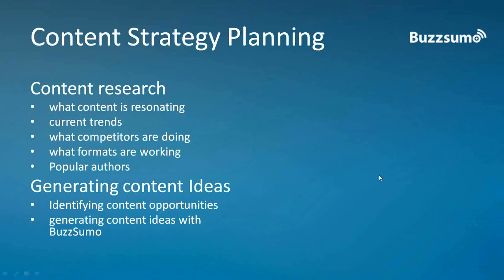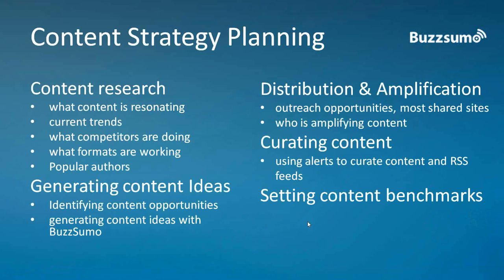But once we've got that, we then want to go through how do we generate content ideas. So how do we identify content opportunities from the information that we've gleaned, and how do we generate content ideas with that. And then the final bit I want to run through is how do we distribute and amplify that content? So what are the outreach opportunities? How do we see who's amplifying?